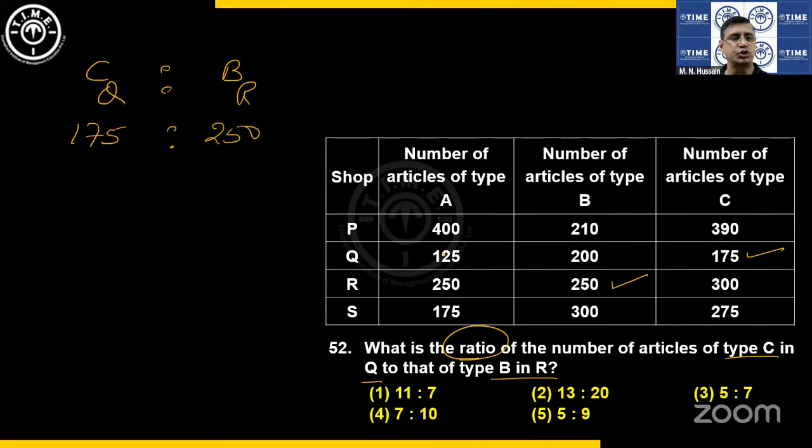What to find? The ratio. Now simplify this. 25 here 10 times, 25 7 times. Now identify the option. What is the answer choice? Option number 4. Fourth choice is the correct option.